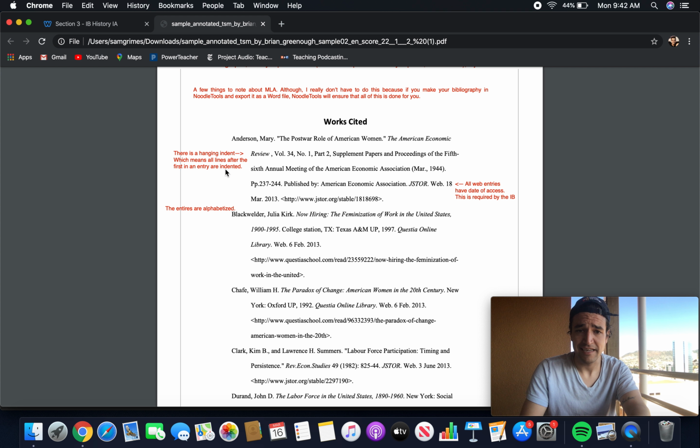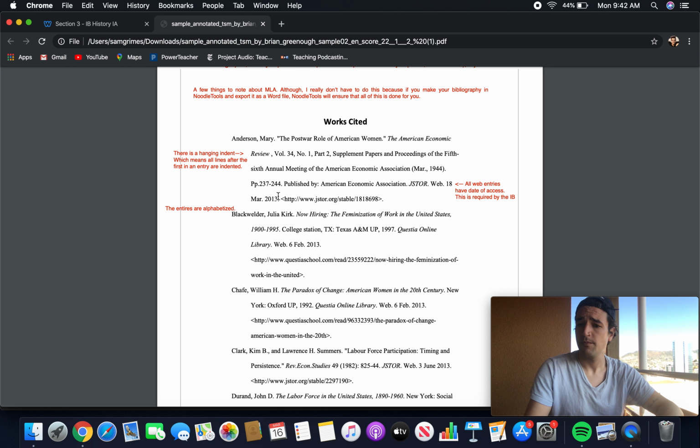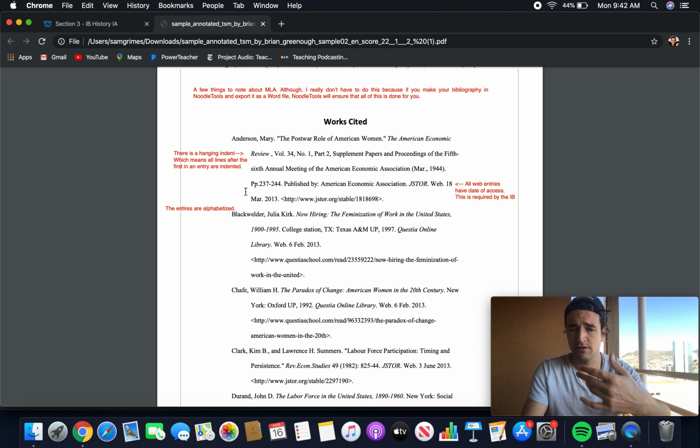There's a hanging indent, which means all lines after the first line of an entry are indented, okay? I've talked to some of you about how to do this. You just do backspace, enter, tab with the first line here, and then you just do backspace, enter, backspace, enter, backspace, enter. If that doesn't make sense as I'm talking right now, just Google it, you'll find it.